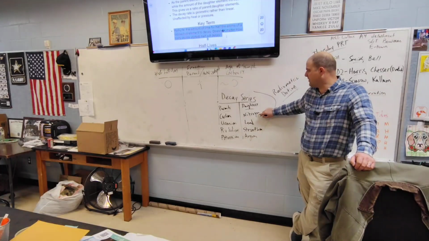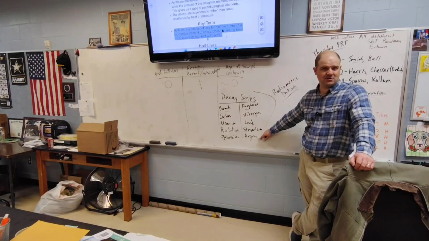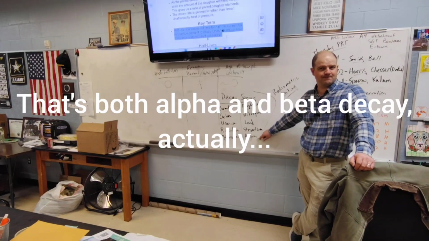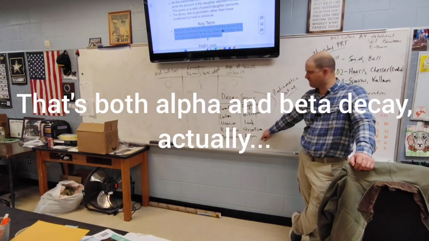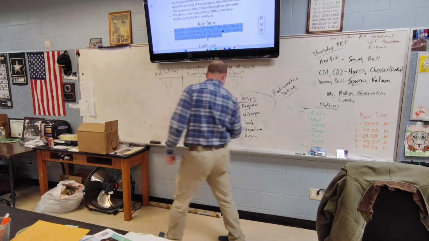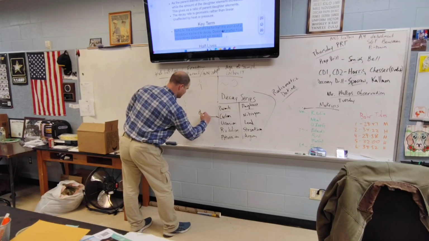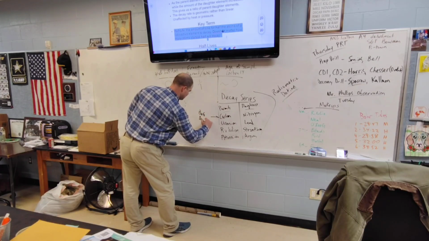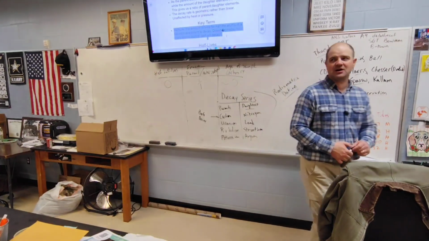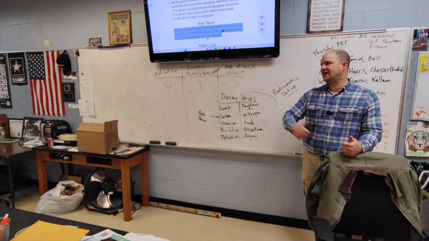Carbon and nitrogen is beta decay. I don't know them all off the top of my head. When that happens, one of the neutrons breaks down. It ends up shedding an electron.